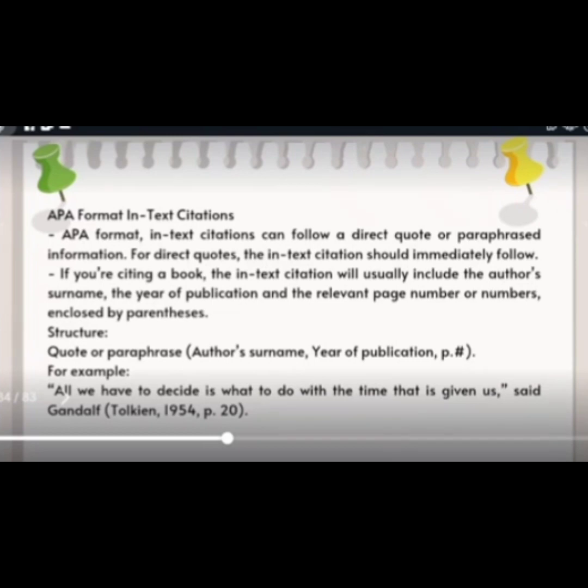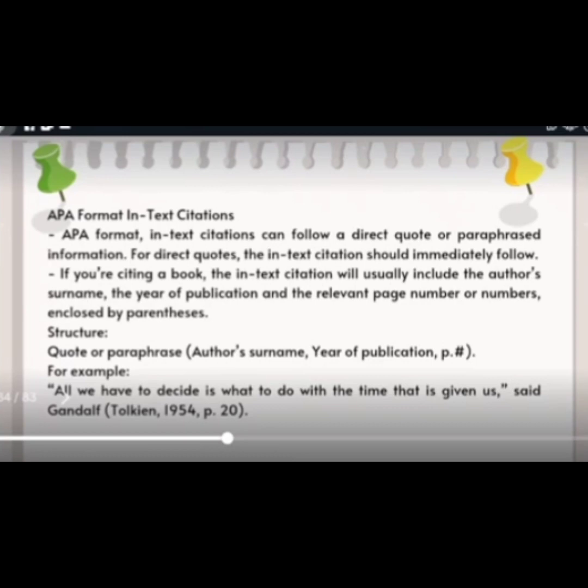Now we have parenthesis, Tolkien, comma, 1954, comma, page 20. So we can see Tolkien is the author's surname, the year of publication is 1954, and the page number is page 20. That is APA format in-text citations. In-text means inside.